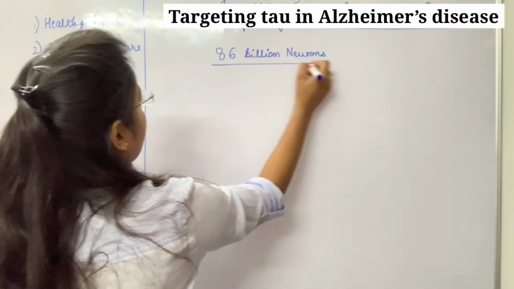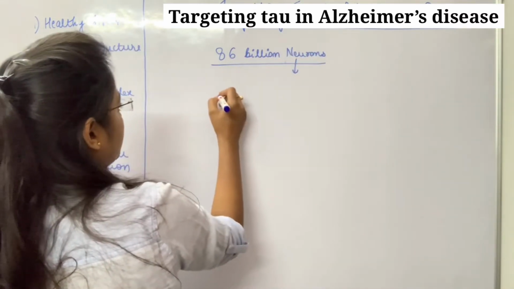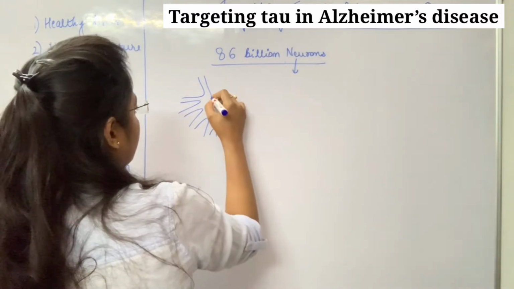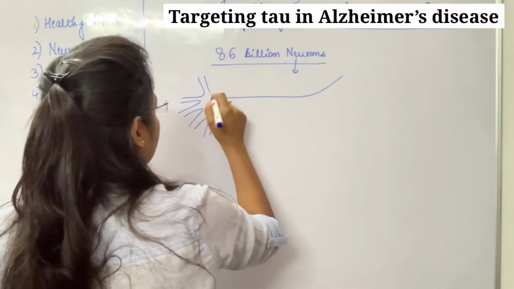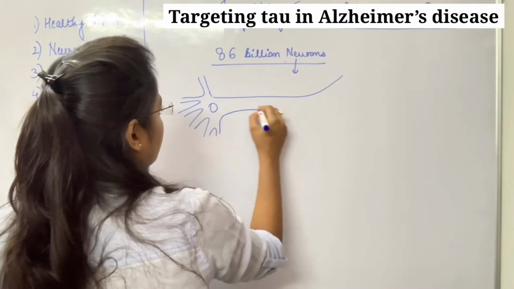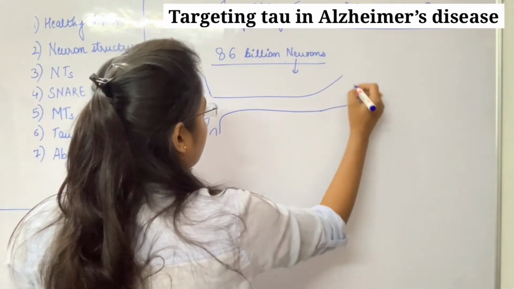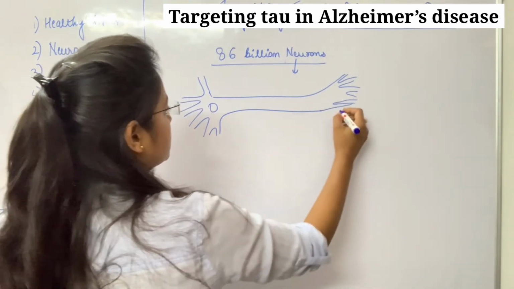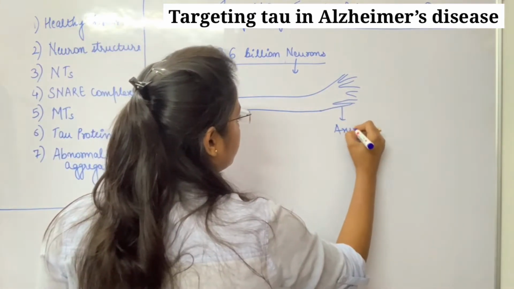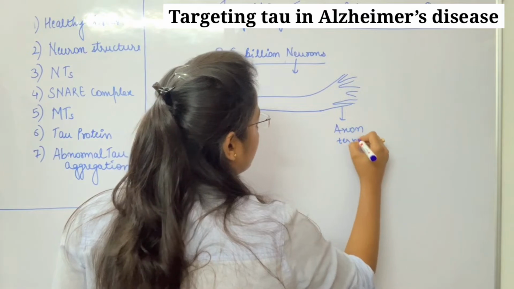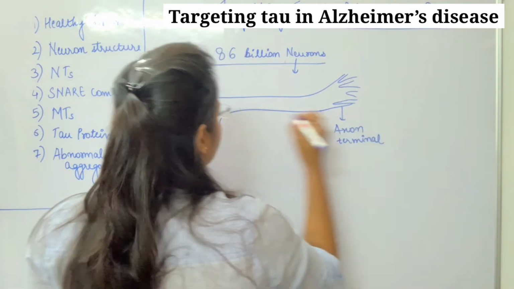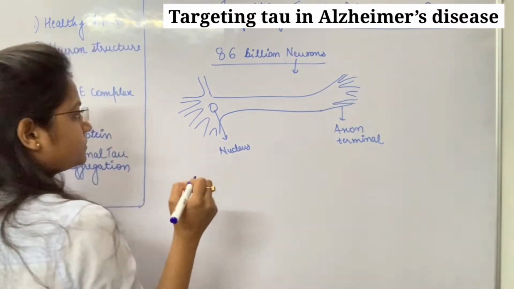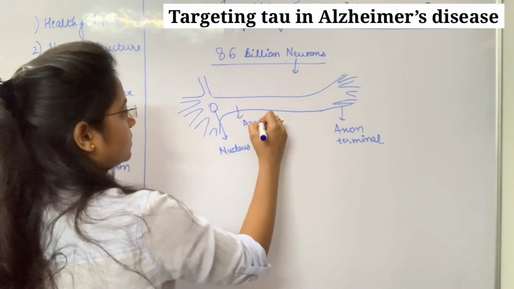Now, what is the structure of a neuron? This is the axon terminal, or we can say axon end. This is the nucleus and this is the axon.